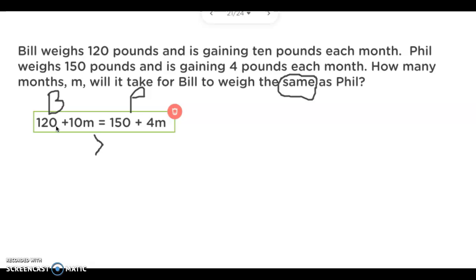So the way that inequalities work is like this. The way that it will be worded: how many months will it take for Bill to weigh more than Phil?